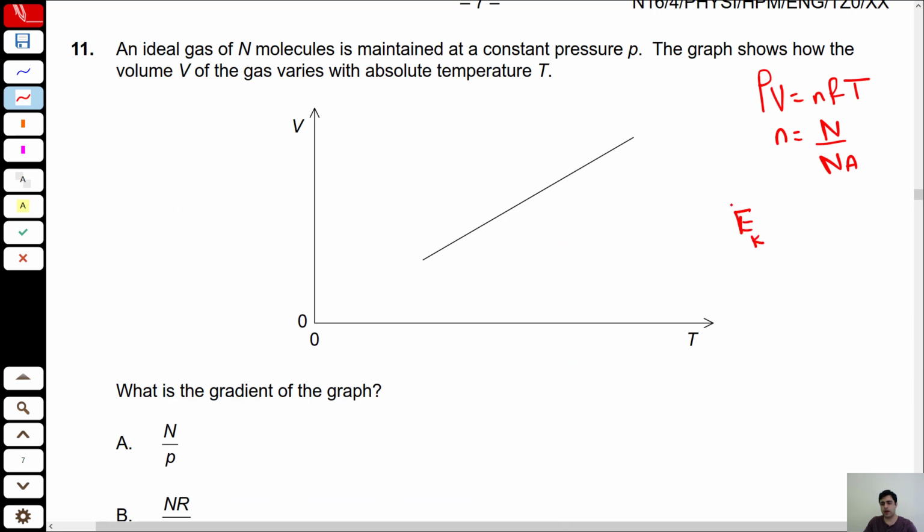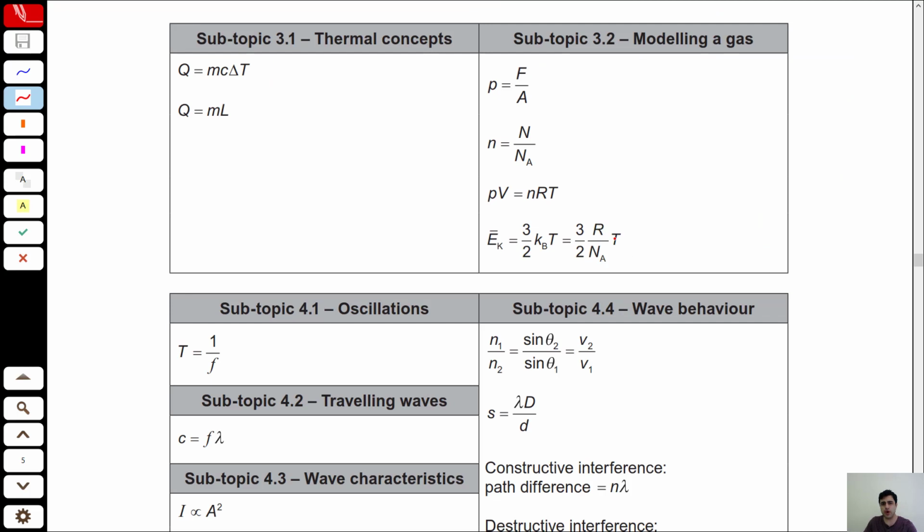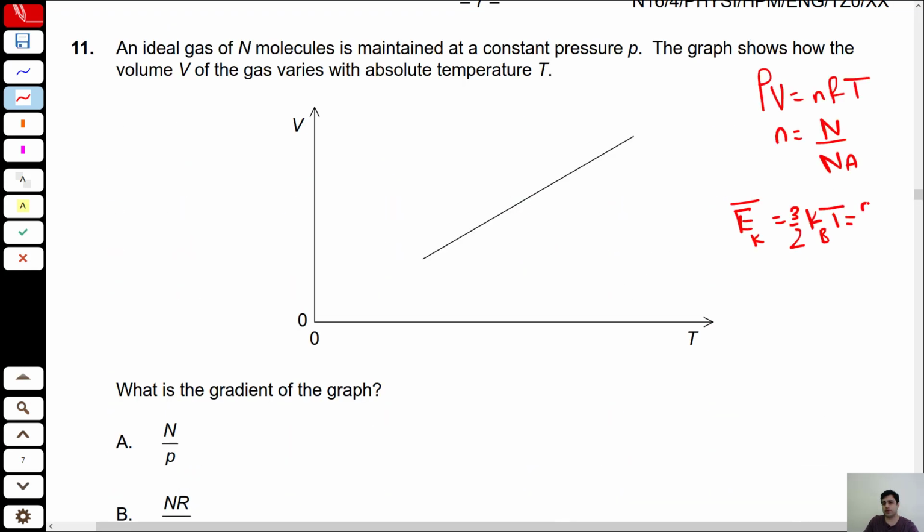So E_K, average molecular kinetic energy, is 3 over 2 kBT, which is also equal to 3 over 2 R over NA times T. R is the universal gas constant, given in the data book, around 8.31, and NA is the Avogadro constant.